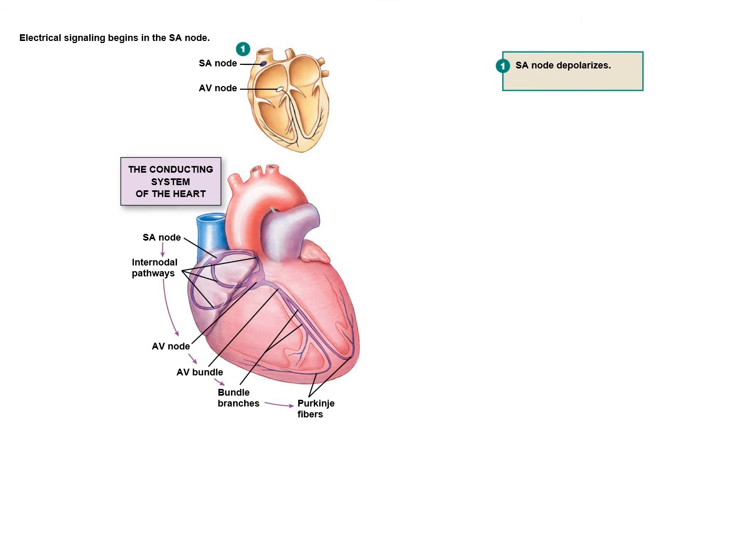The story begins in the sinoatrial node. This is the basis for a normal heartbeat. If you ever hear the phrase sinus rhythm, what they mean is that the rhythm is being dictated in terms of rate by the sinoatrial node.